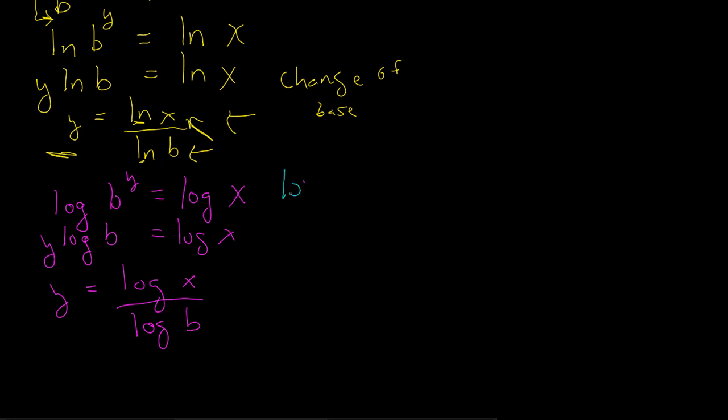I'll get the log in some base I don't have, to some value x. That is equal to what I have on my calculator, x, over what I have on my calculator, what the original base was. Now I know the calculators have these two keys, ln and log. So I use them specifically.